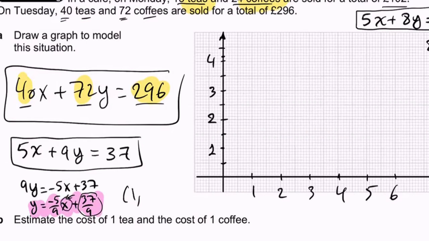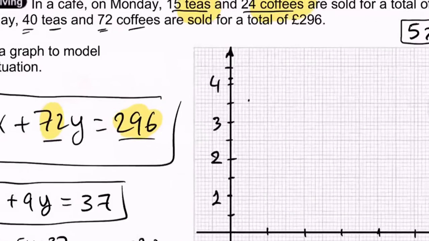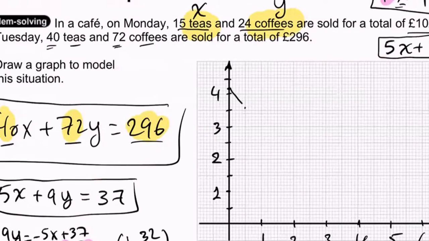So negative 5 over 9 times 1 equals still negative 5 over 9, plus 37 over 9. It will give me 32 over 9. So 32 over 9 on the calculator will give me 3.5, 3.6, something like this. So it will be almost here. Now I can draw this like this. So this is the first line.